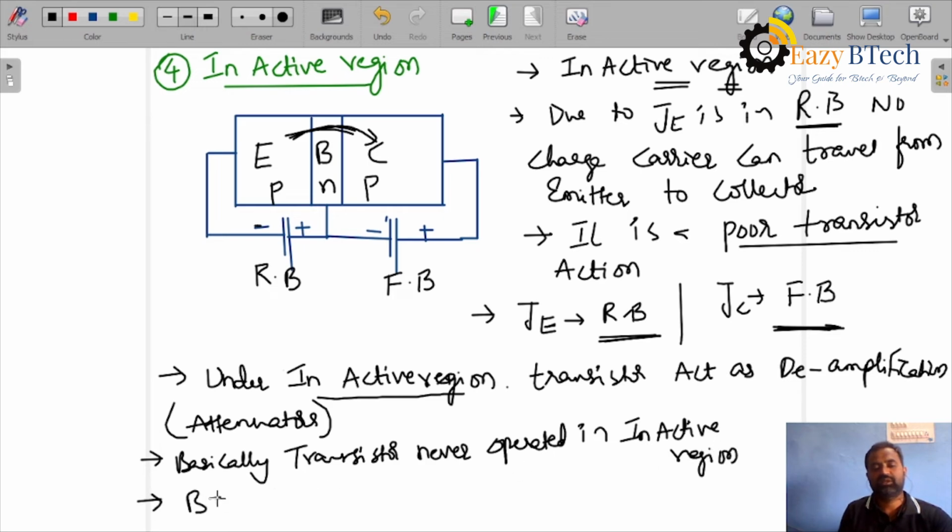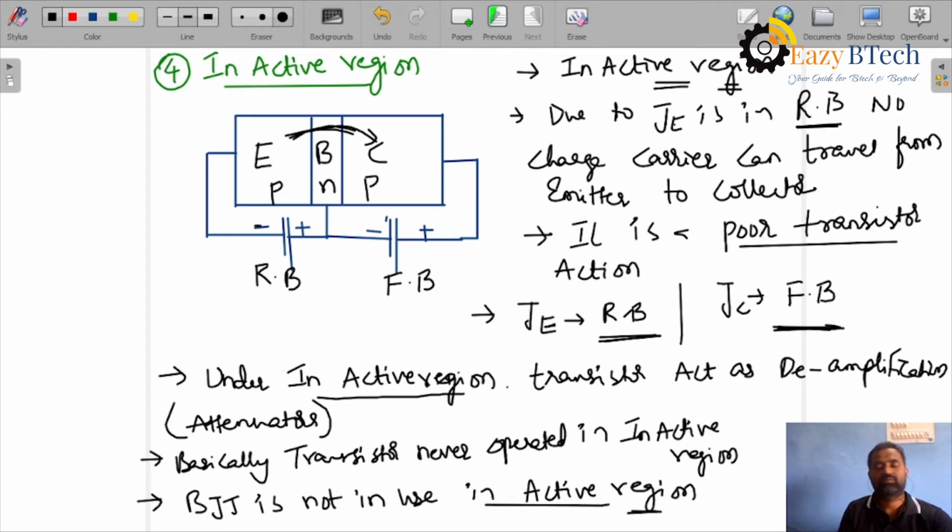Basically, BJT is not in use in inactive region. But BJT is used in inactive region in digital electronics. Okay.